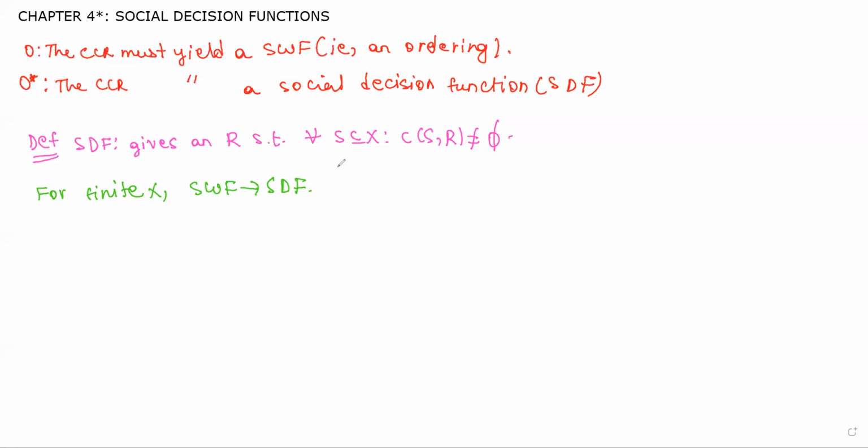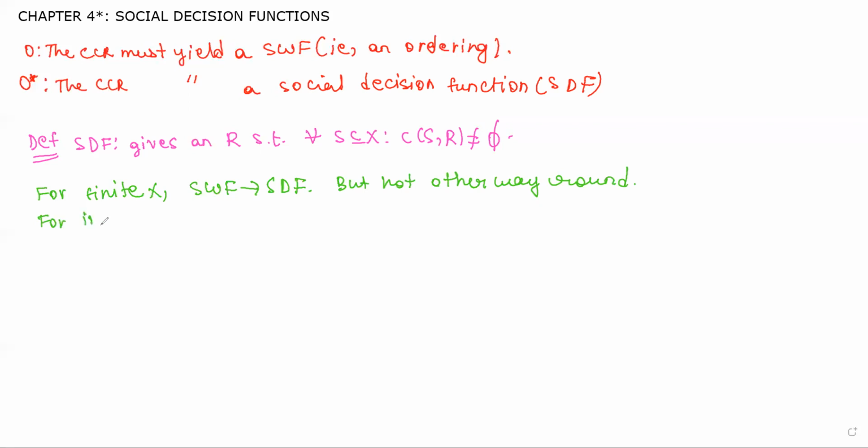We proved this in the first chapter. But not the other way around. So there are SDFs which are not SWFs, but as every SWF is an SDF, we have essentially broadened the sort of collective choice rules which we can use.